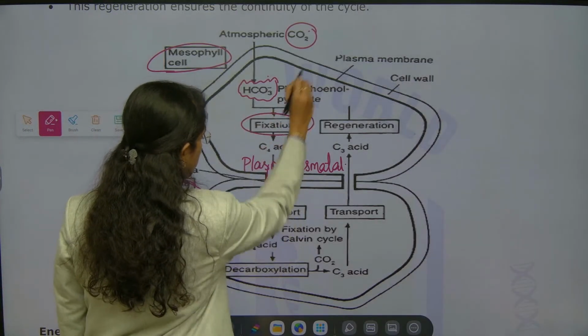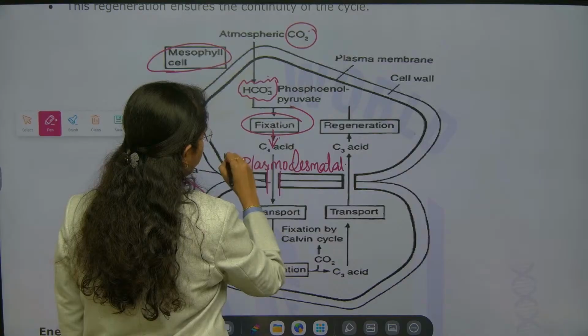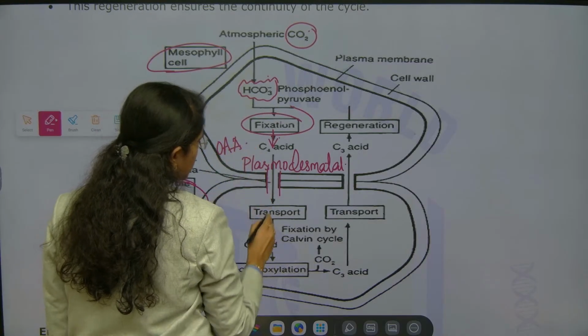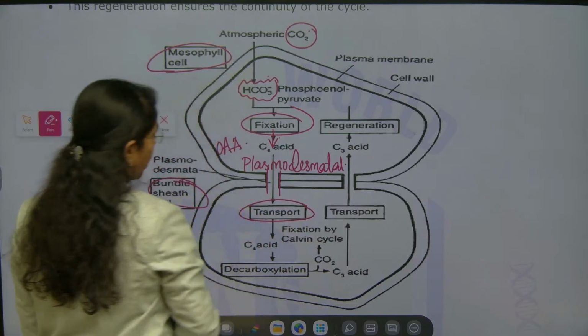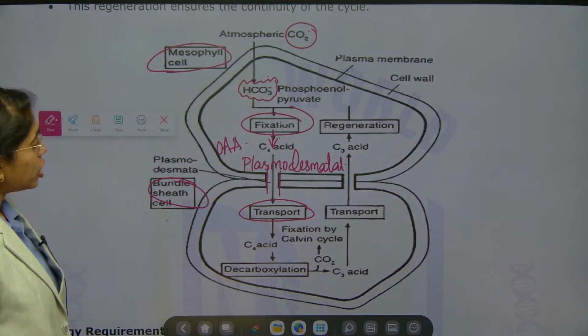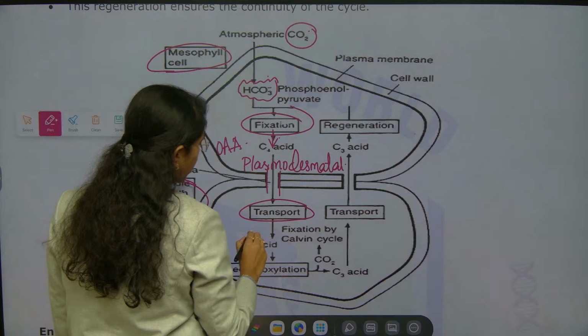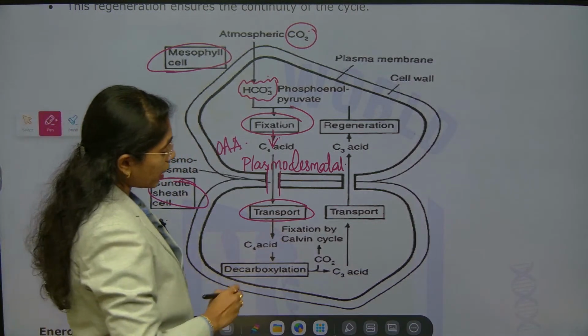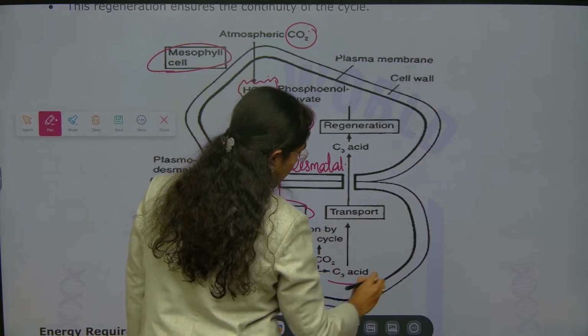Once it is fixed, that C4 acid in the form of oxaloacetic acid is transported to bundle sheath cells. In bundle sheath cells, this 4 carbon compound will undergo decarboxylation, releasing one carbon dioxide and a C3 acid.